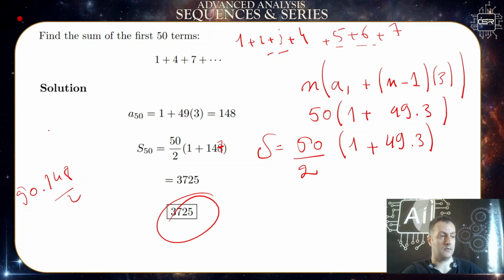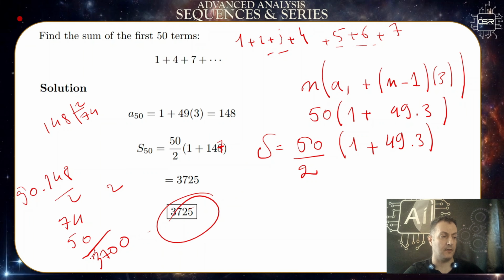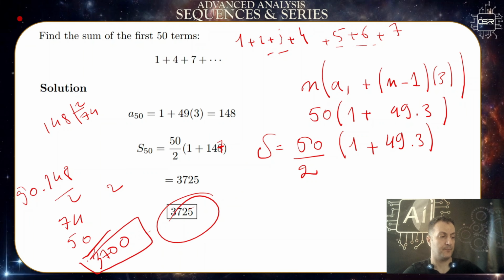Let's divide 148 by 2. So it is 74 times 50, which is 3700, not 3725. That should be the correct answer.